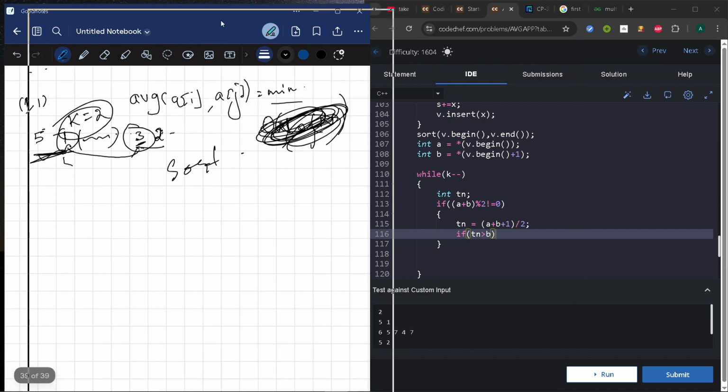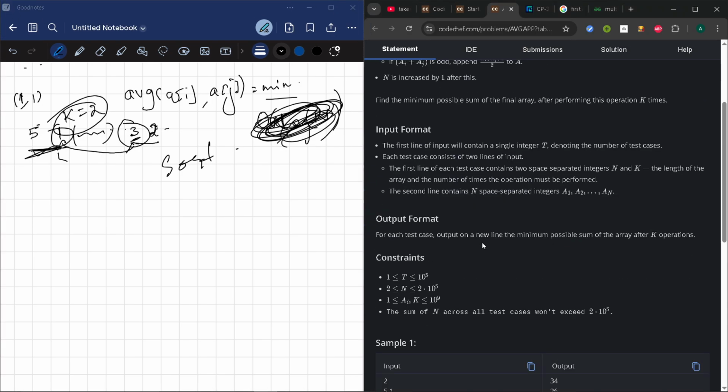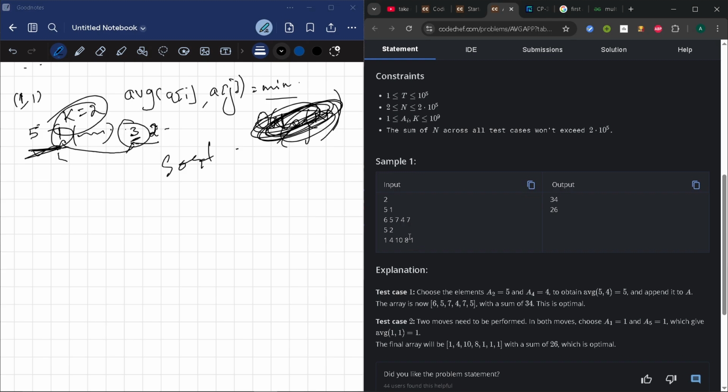I mean the test case which didn't give us a problem was, let's say, we take this test case, we have 6 5.